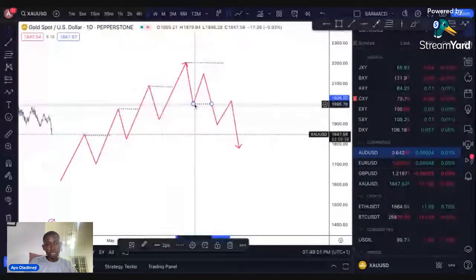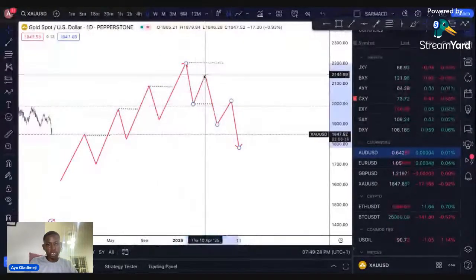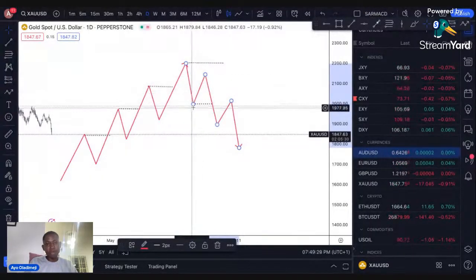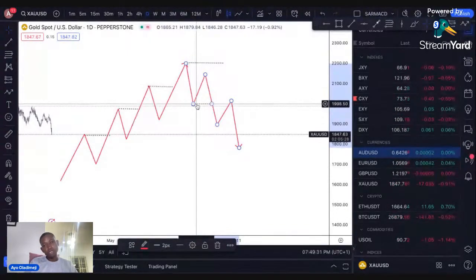But in this scenario, a shift in momentum, a shift in direction, is signified by a break of a low to the downside.